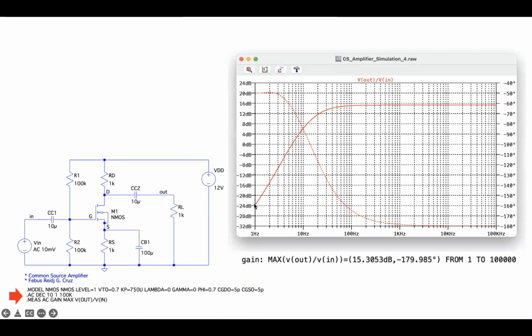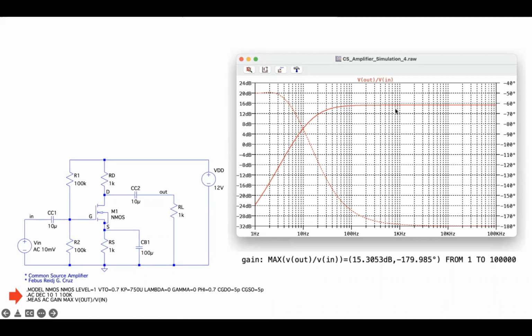So at 1 hertz, you have negative 24 decibels. And then as the frequency increases, at around 100 hertz, we are able to reach the maximum possible gain of 15.30 decibels. That is our maximum gain. So up to 100 kilohertz, we are able to maintain the maximum gain.